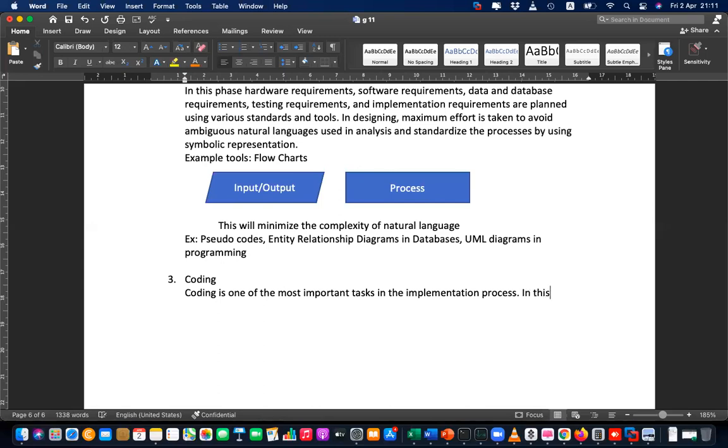In this phase, we will convert the design diagrams to a workable set of instructions to handle the computer and get our work done. So that is what programming is. You instruct the computer and try to get the work done using the computer.